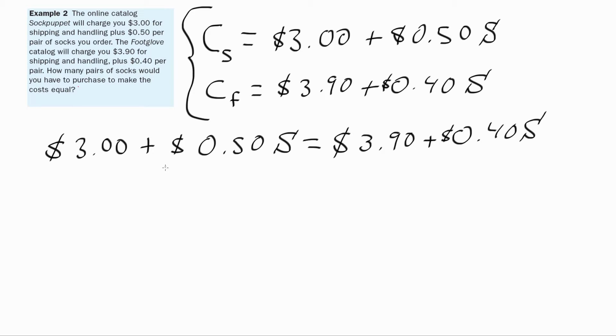Now I'm going to solve for S. I think I'm going to put the S's on the left and the dollars on the right. When I subtract 3 from $3.90, I get 90 cents.